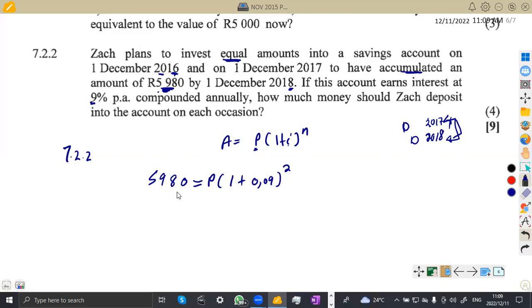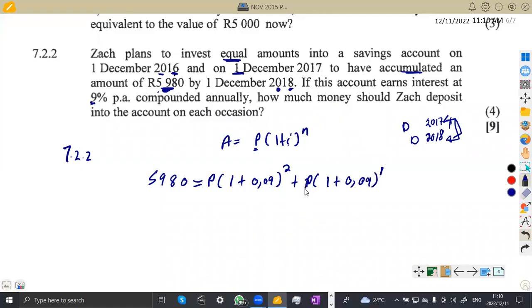All right, there is another investment, another amount that was deposited on 1 December 2017. So from 1 December 2017 to 1 December 2018, that's 1 year. So we add that one now, which is P again, times the interest, which does not change, still 0.09, to the exponent of 1.